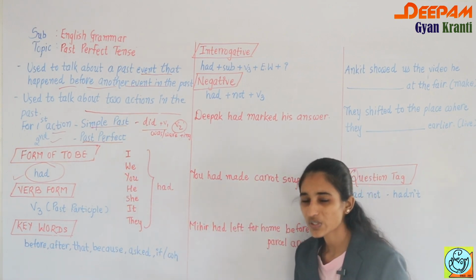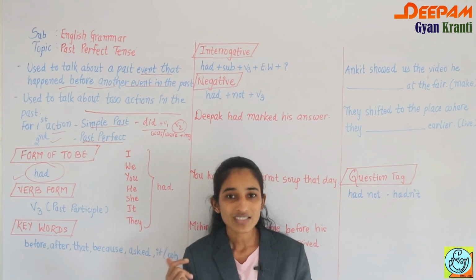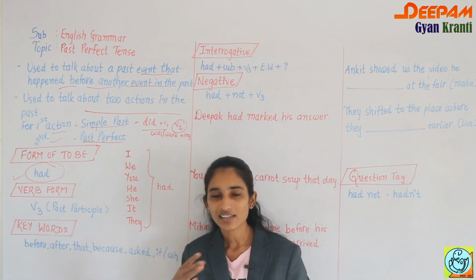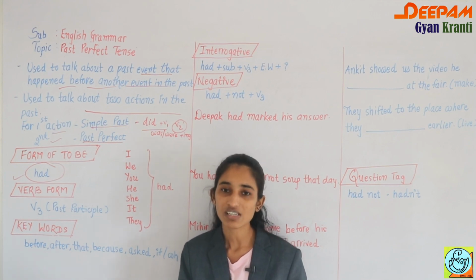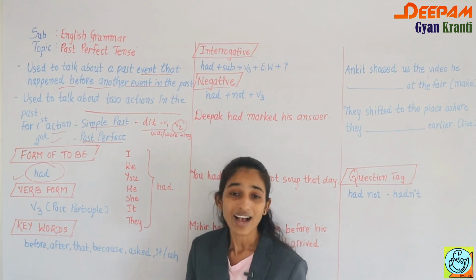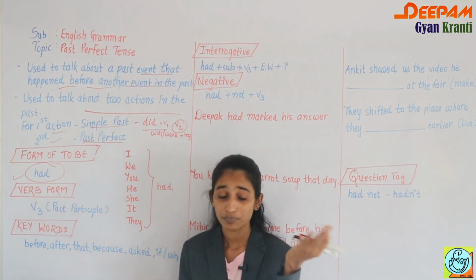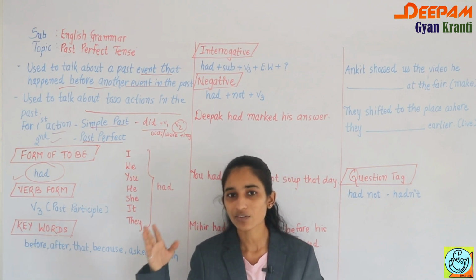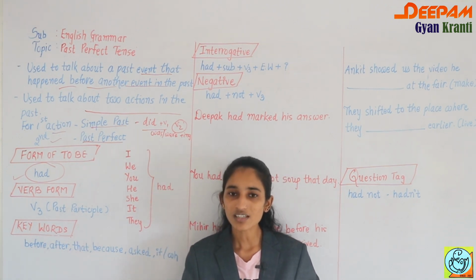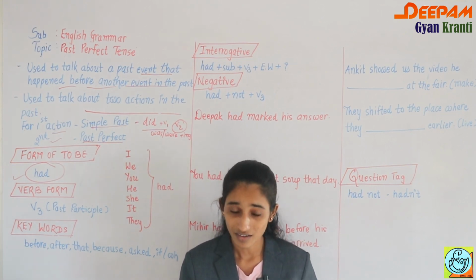Now about had: like we have already discussed in present tense, with I we use am, you, are, we, are, he, she, it, is, and they are. Then in present perfect, we discussed that with I, we, and you we use have, with he, she, it we use has, and with they we use have.